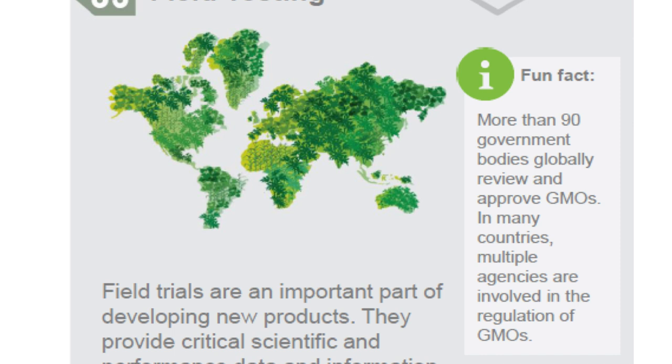A lot of times these kinds of things are unpredictable. That's why you have to grow them. You've got to experiment in the field with them for years before you can say, okay, it's good to go.